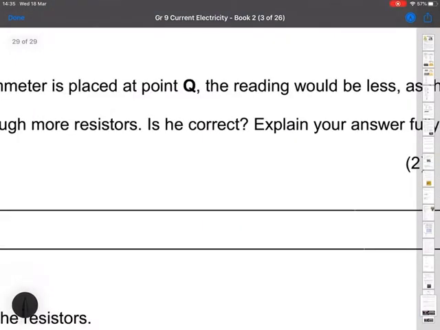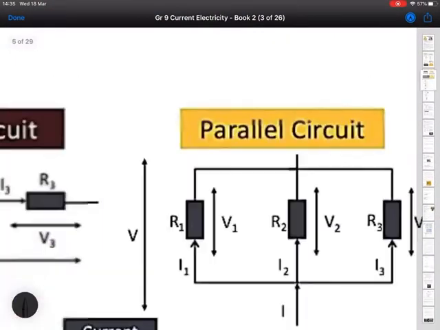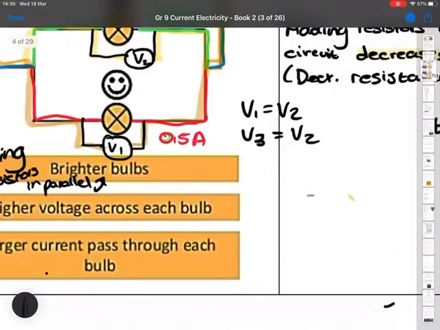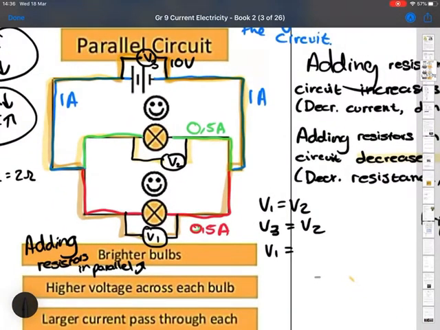Yes. So what I'm saying then is voltmeter 1 is equal to voltmeter 3. So all of them are actually equal to each other. Voltmeter 1 is equal to voltmeter 2, which is equal to voltmeter 3.